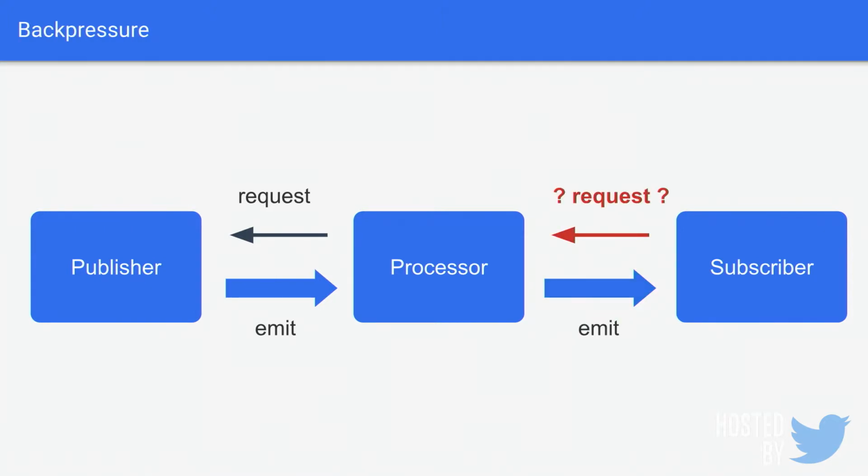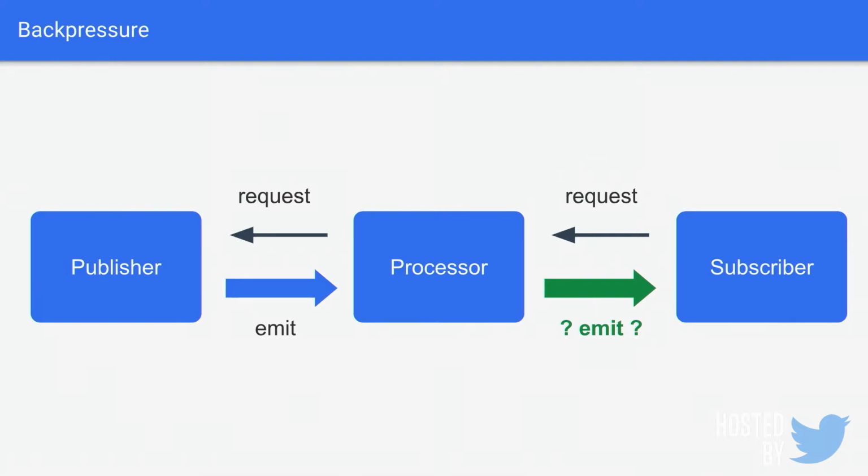So essentially our pipeline is back pressuring at a specific point, say between this processor and this subscriber, when it's waiting for a request coming from downstream. This means that the subscriber or sink materialization is busy and cannot process new elements, so it stops requesting, right? Conversely, when a request has been made and we're waiting for an emit of something from upstream, this is a state when our pipeline is not back pressuring, right?